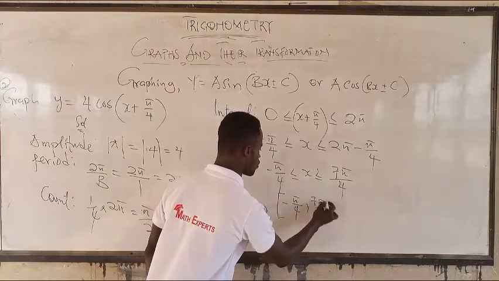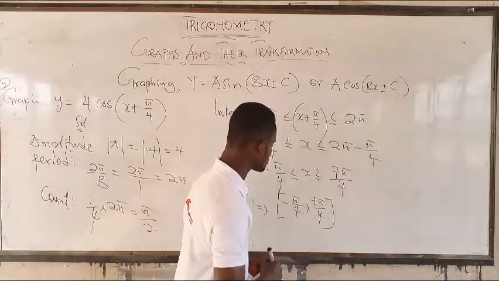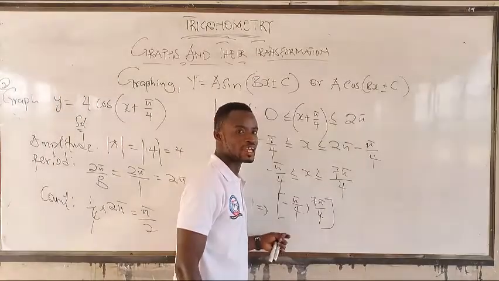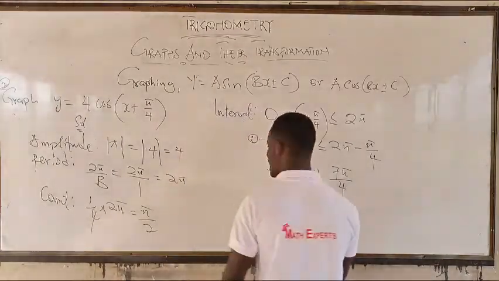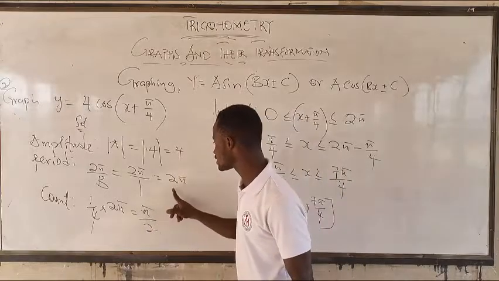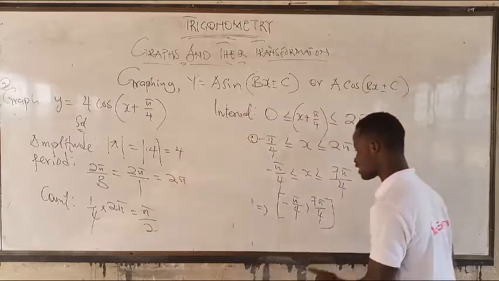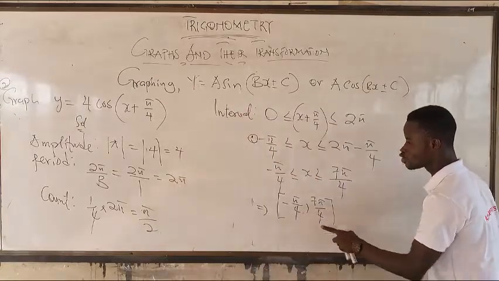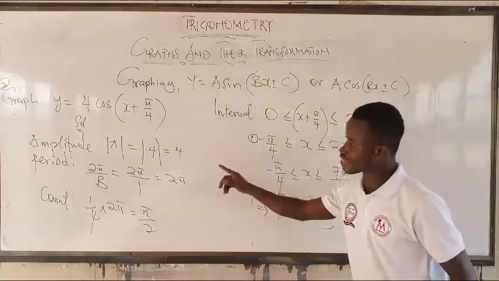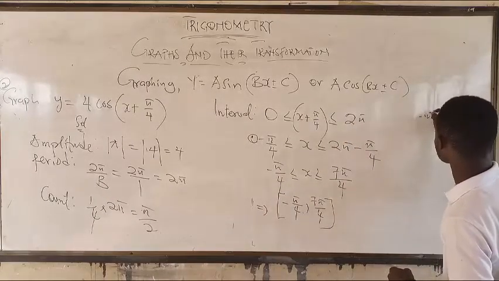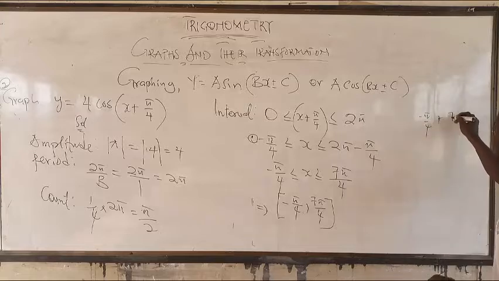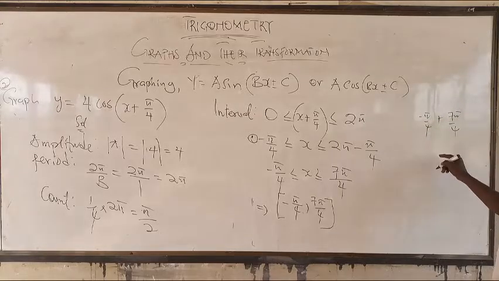7 pi over 4. Now you can realize that the interval, the left endpoint and the right endpoint, you can see the right endpoint is not the same as the period we are having here. But when you add this and this, you are going to get exactly the period. Let's do that and see. Negative pi over 4 plus 7 pi over 4.